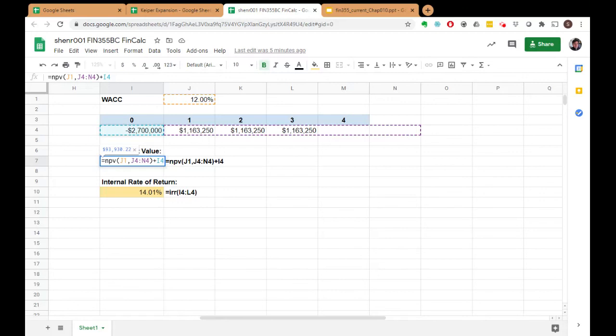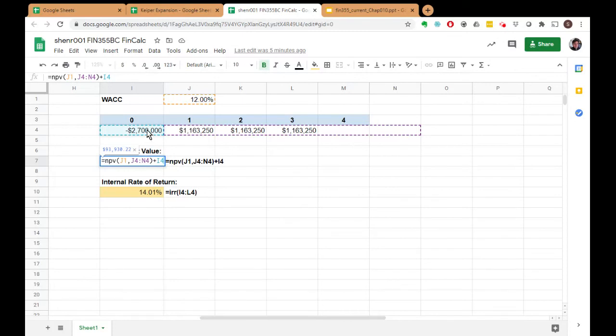For now, it's just given to us. Second, the NPV formula takes the cash flows that are expected starting in year 1, not the initial outlay, just the first incoming cash flow in year 1. Those are in cells J4 through N4. Actually, just L4 here, but in row 4 in my example spreadsheet.